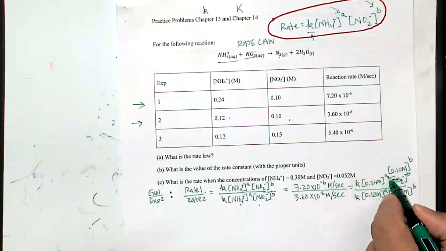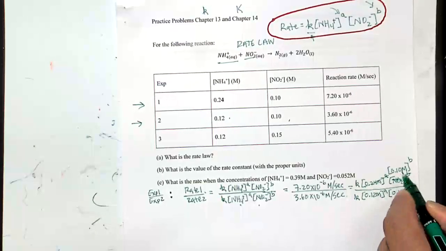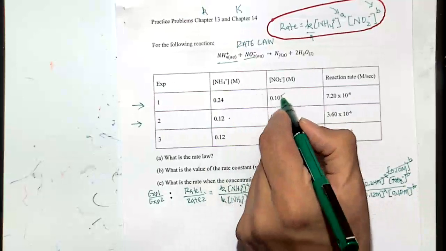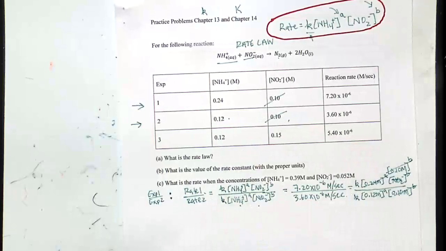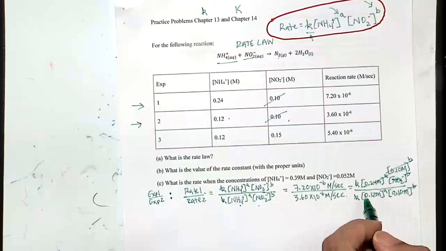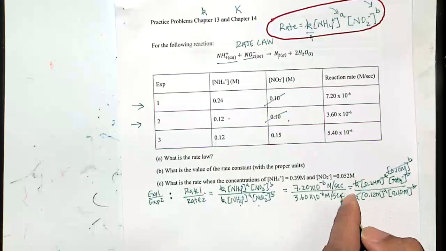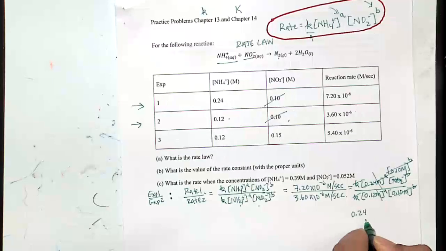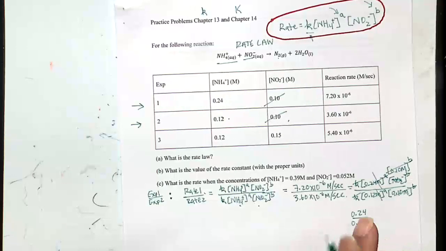Alright, so the 0.24 to the power of A cancels, the 0.10 to the power of B cancels with the 0.10 to the power of B. So these guys cancel, and the K's cancel. So it's going to be 0.24 molarity divided by 0.12, with the molarities canceling.